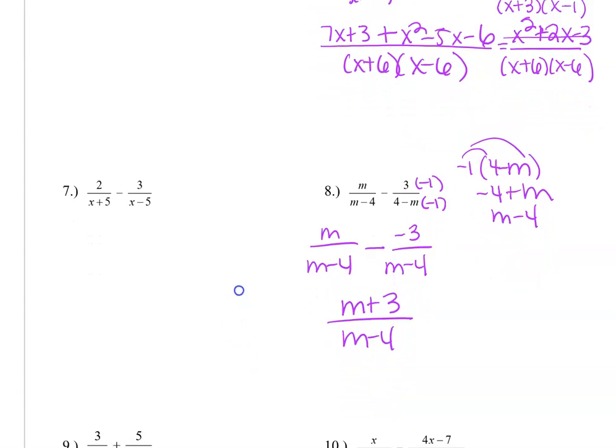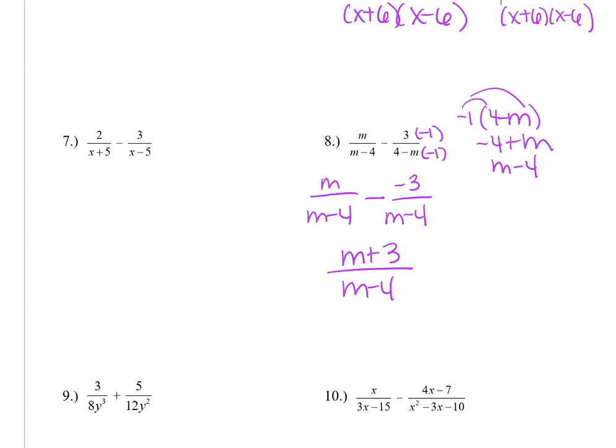Now for number 7, I don't have to factor the denominators, but I can see that they're different, so I'm going to want one of each of those. So like the first fraction is going to need an x minus 5. The second fraction is going to need an x plus 5. So when I distribute, this gives me 2x minus 10. Now keep in mind this is really a negative 3 that's distributing through.